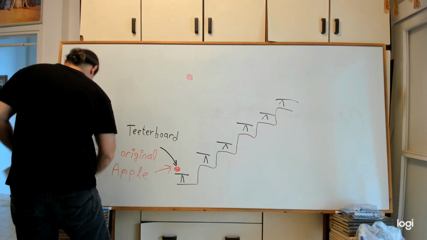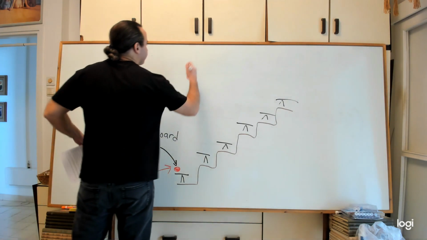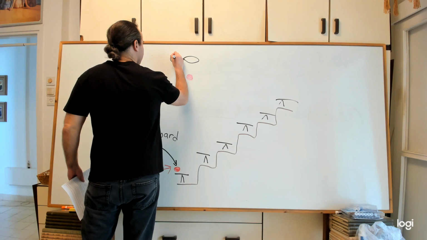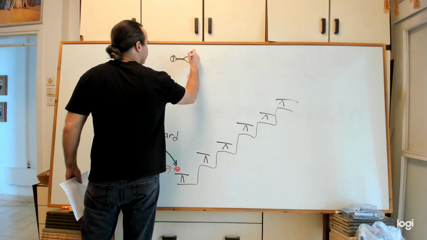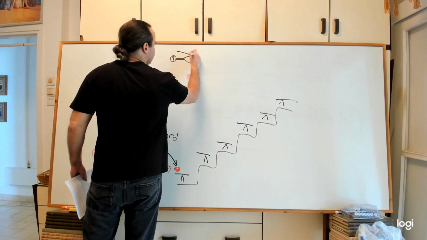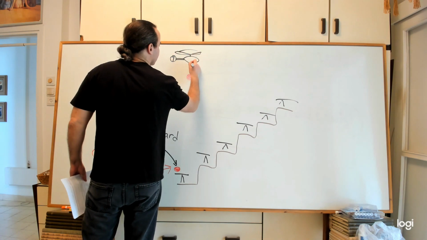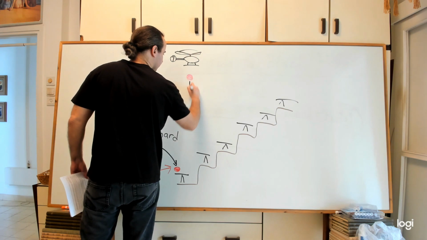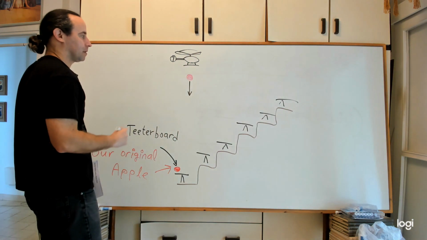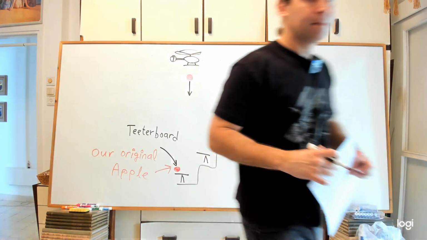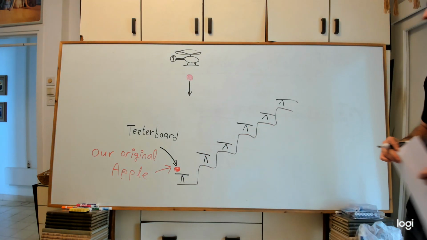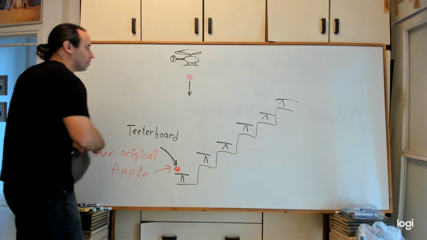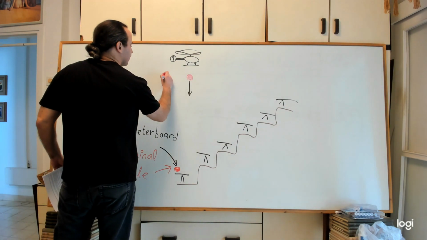Okay, let's draw a helicopter. And it's dropping, can you see this color? Yeah. Okay, so these are more apples, another apple.